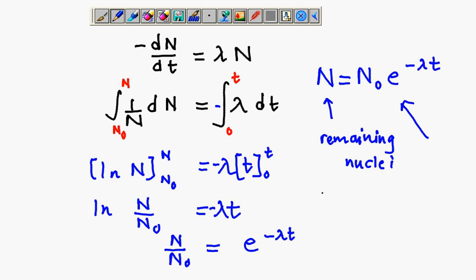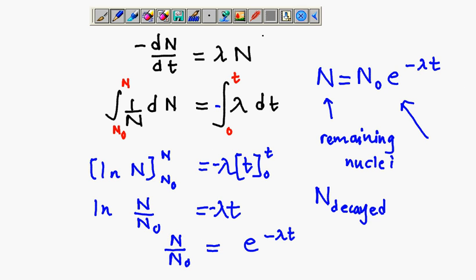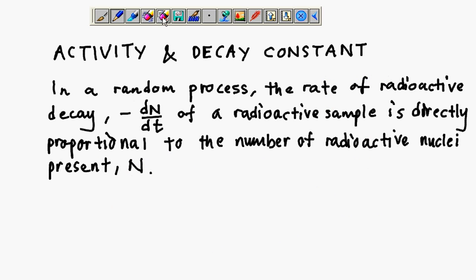But if you want to find out the number of nuclei decayed, you have to use another type of expression. That will be this one, equals to this minus this.